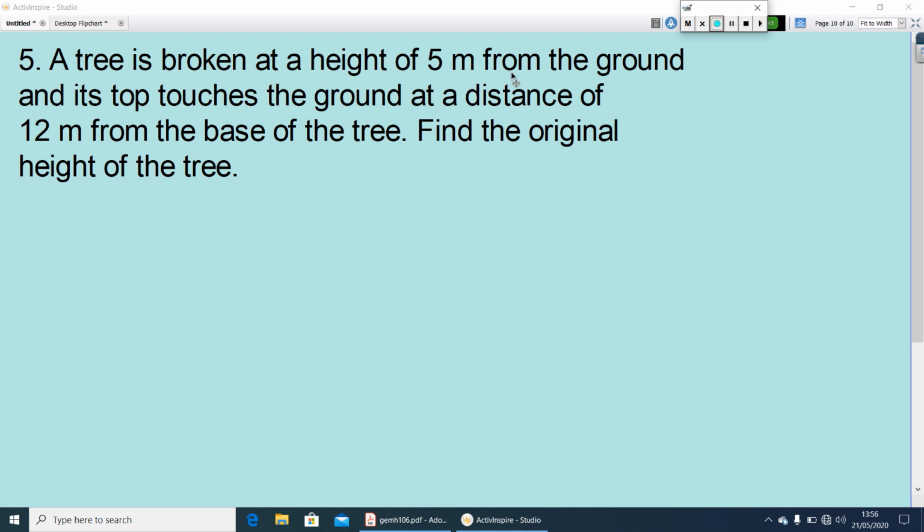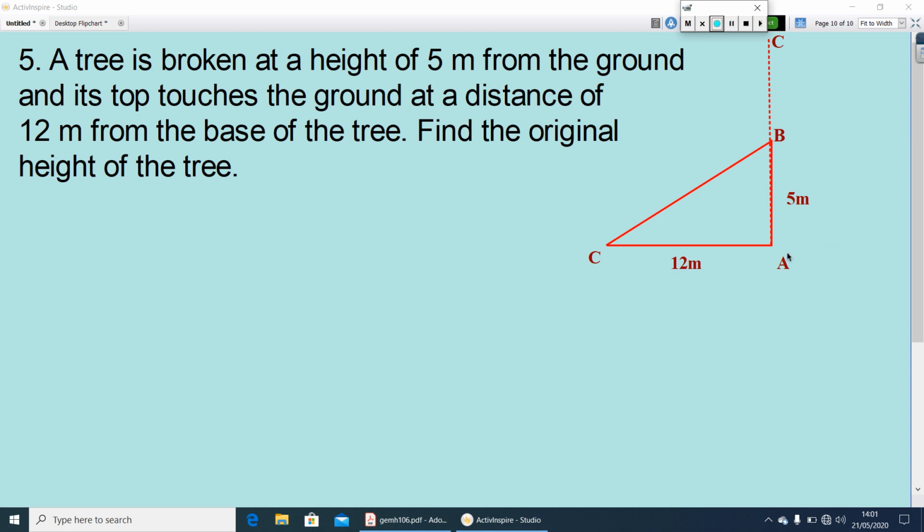A tree is broken at a height of 5 meters from the ground and its top touches the ground at a distance of 12 meters from the base of the tree. Find the original height of the tree. That is question number 5. Here let AC be the height. At a height of 5 meters, the tree is broken and it touches the ground.